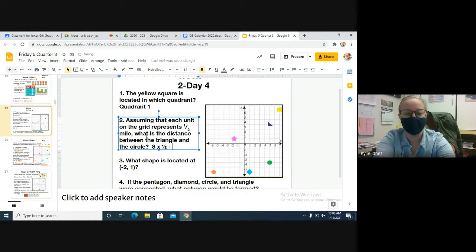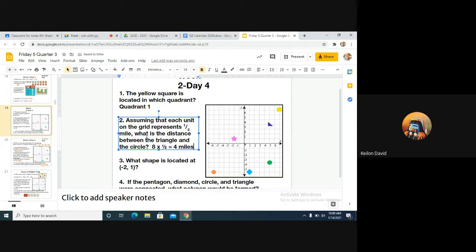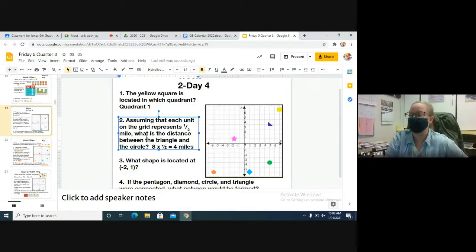A lot of you guys said that that was 4 miles, which is correct. Awesome. Good job, guys. Multiplying anything by 1/2 is also just like dividing it by 2. So you can always think about it like that. 8 divided by 2.